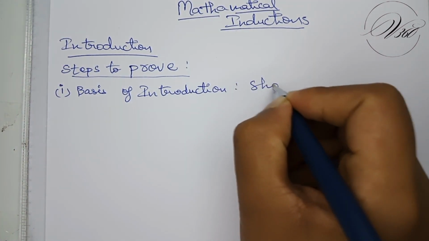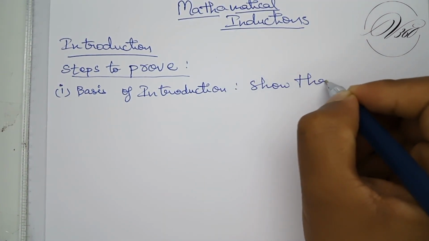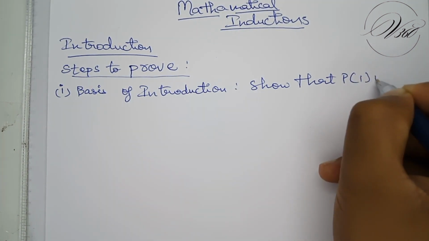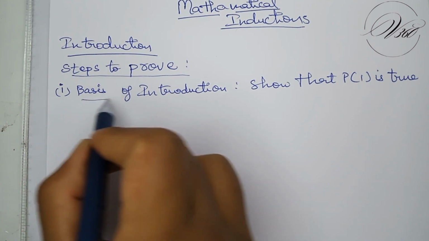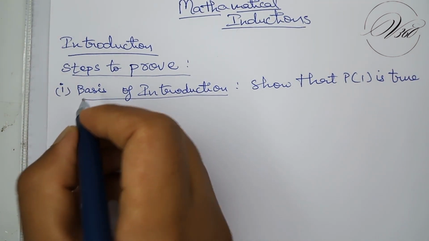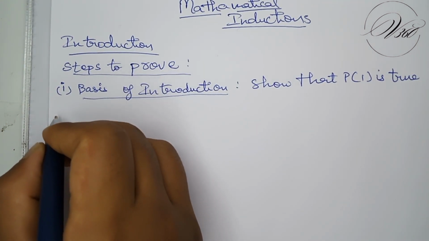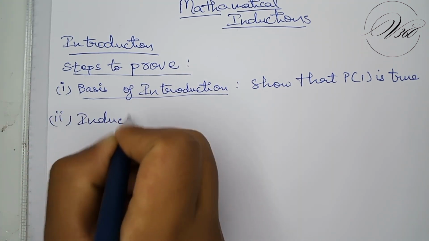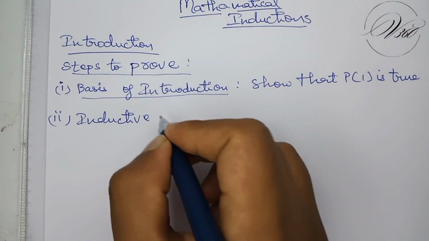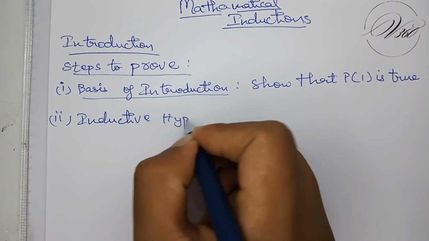Next one is show that P of 1 is true. Now the second one is inductive hypothesis.